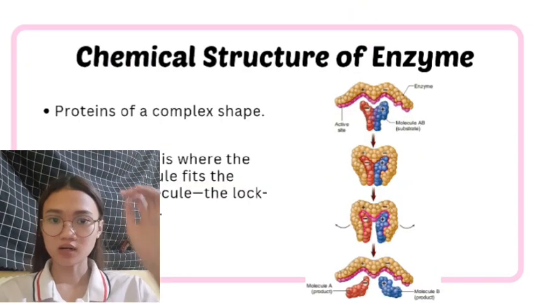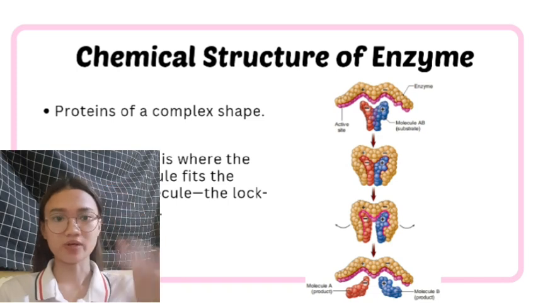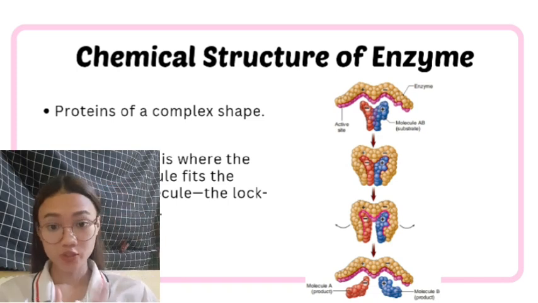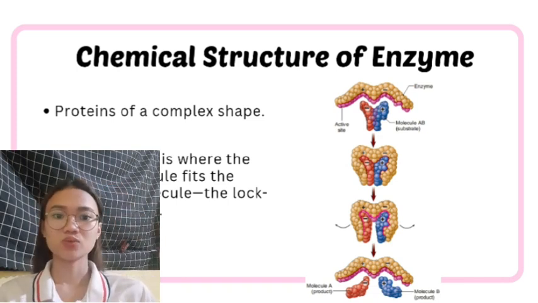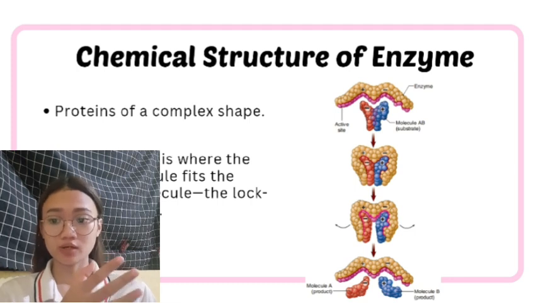Next, we have the chemical structure of enzyme. Proteins of a complex shape. The active site is where the enzyme molecule fits the substrate molecule, the lock and key model. So, enzymes are usually tertiary or quaternary proteins of complex shape.